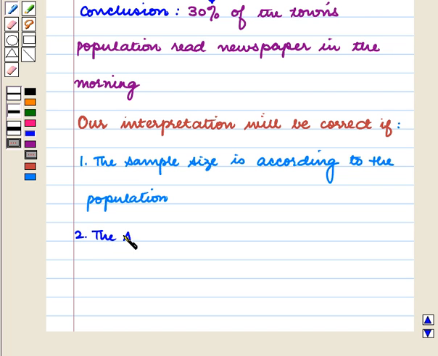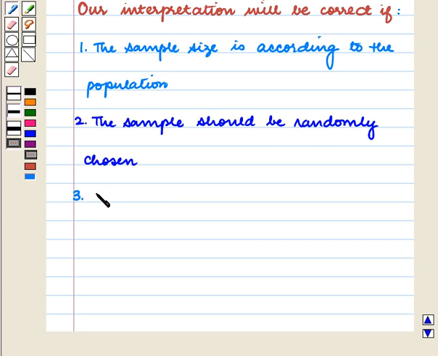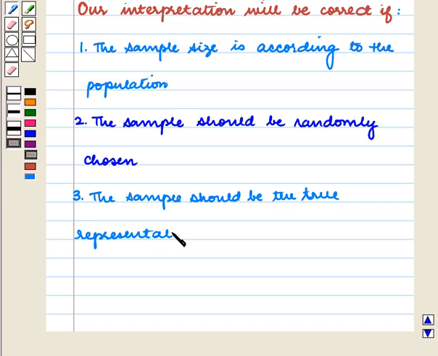The sample should be randomly chosen. 3. The sample should be the true representative of the population.